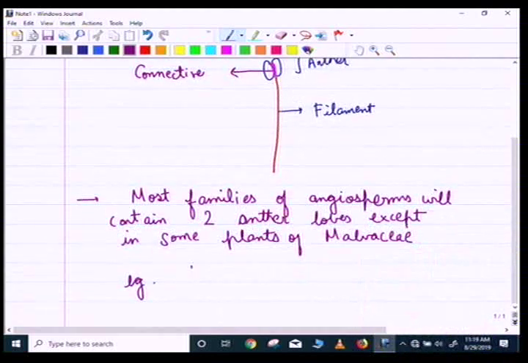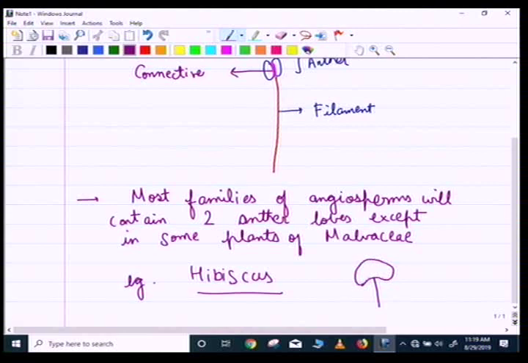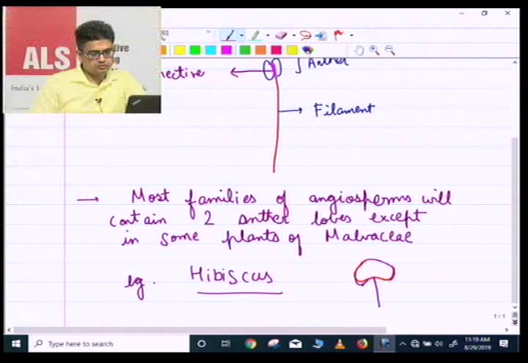Example, Hibiscus rosa-sinensis, China rose or hibiscus flower, contains a single anther lobe only. This is the hibiscus anther lobe, a single anther lobe.